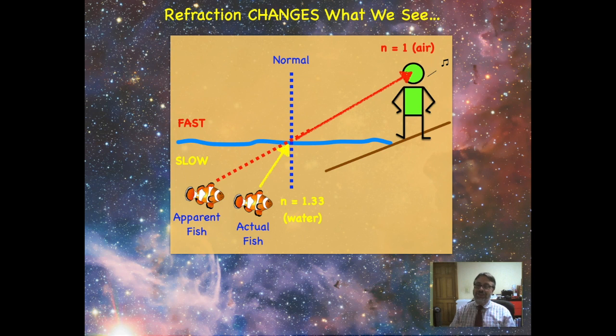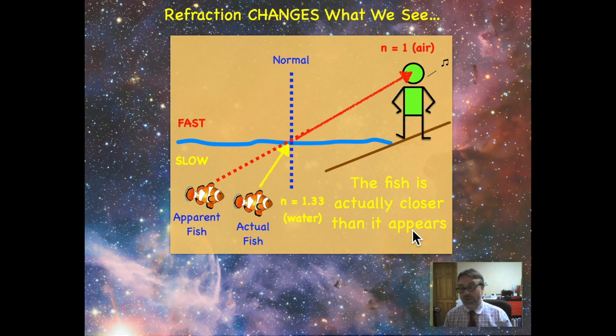Now, this is why it is so difficult to grab something from underwater if you're standing above the water. As you reach into the water, the object is not really where you think it is. In this case, the fish is actually closer than where it appears to be. So, because of this refraction effect, the object seems to be in a different location.